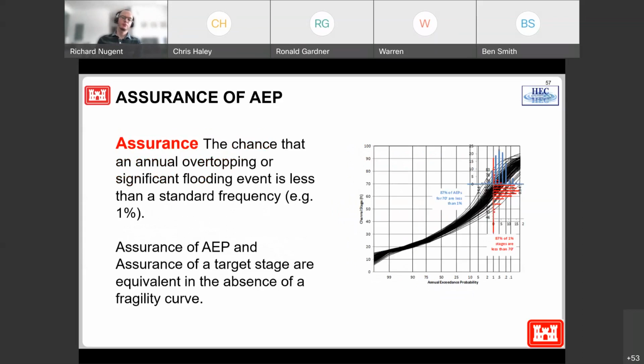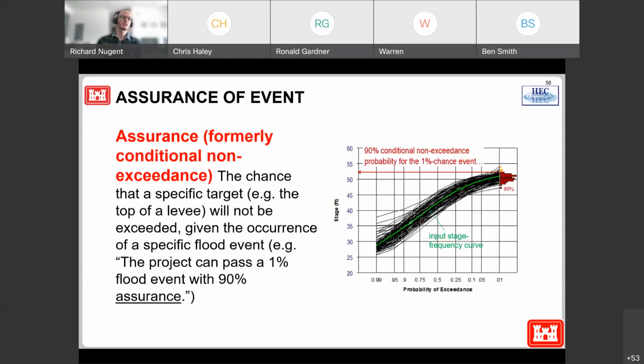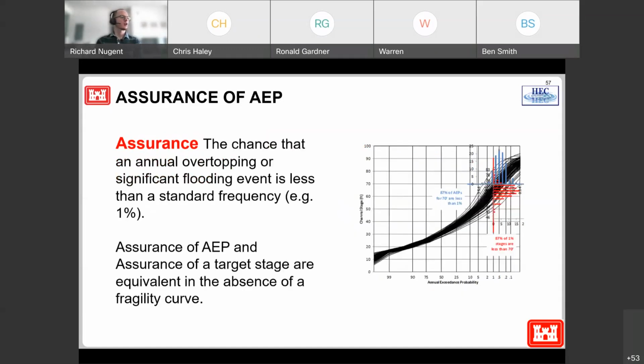Now I can make this just a little bit complicated and talk about another measure of assurance. So when we're on this slide, we're talking about assurance of a target stage. We can also talk about assurance of annual exceedance probability. In other words, what is the chance that the annual exceedance probability will be less than 1%?